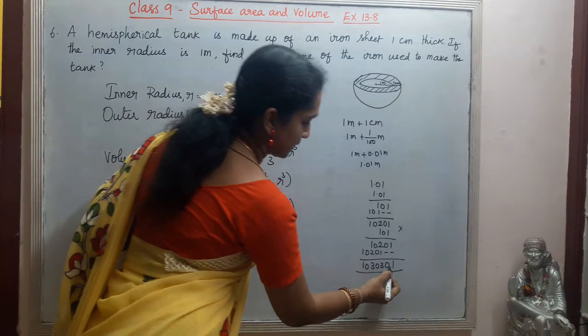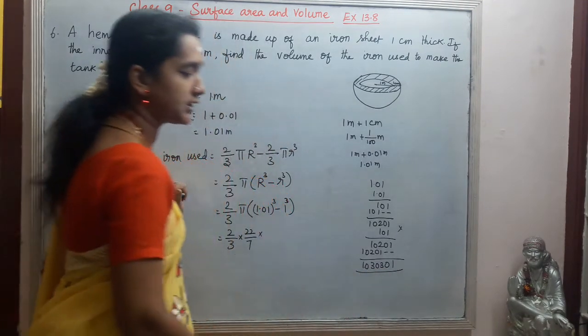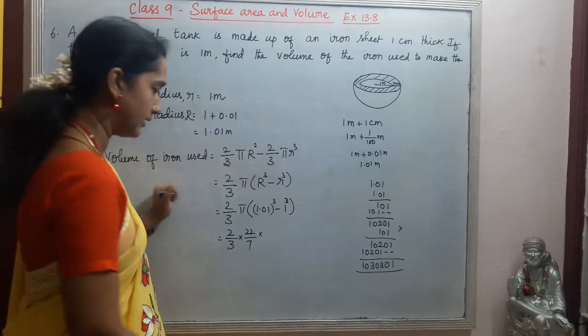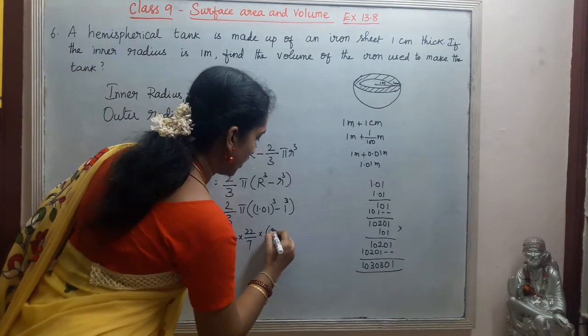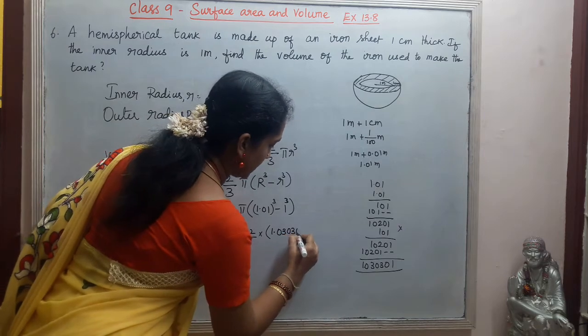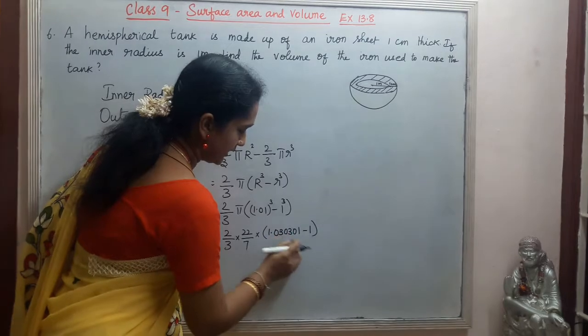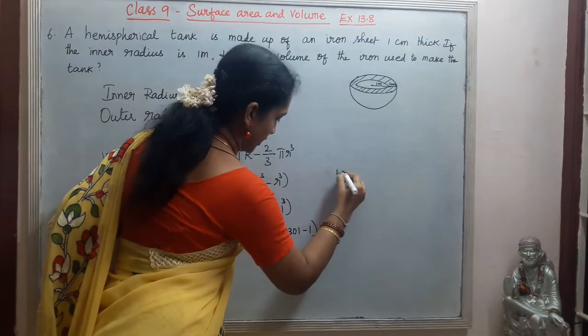So this is 6 decimal places. So 2, 4, 6. We get the answer as 1.030301. Then 1.030301 minus 1. So now we will subtract this.